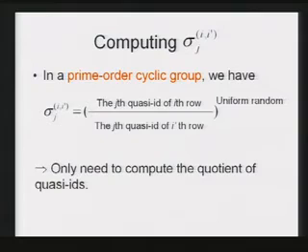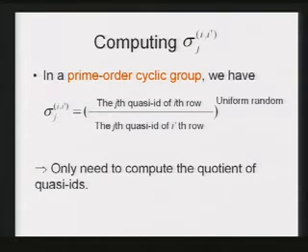So we further observe that in a prime order cyclic group, we have this additional relationship, which is sigma sub j super i prime equals the jth quasi-id of the ith row over the jth quasi-id of the i prime row, raised to a uniformly random exponent.